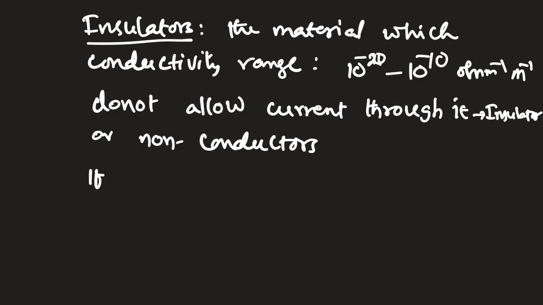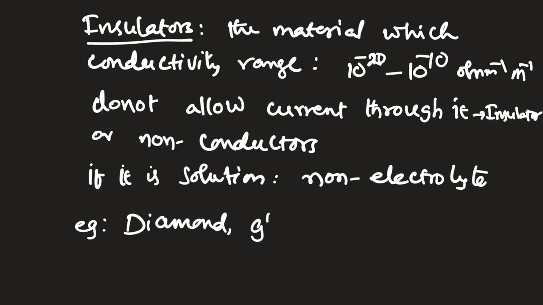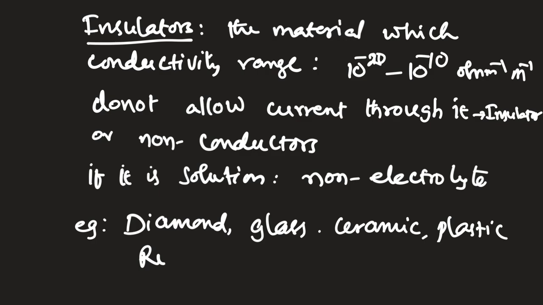If it is a solution, then it is called non-electrolyte. Example for insulators: diamond, glass, some ceramic, plastic, rubber.